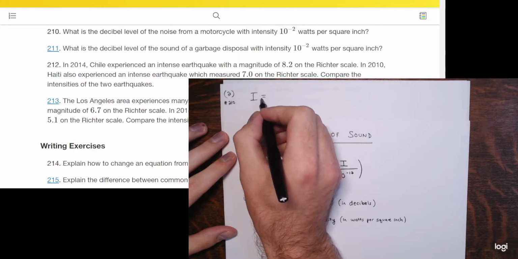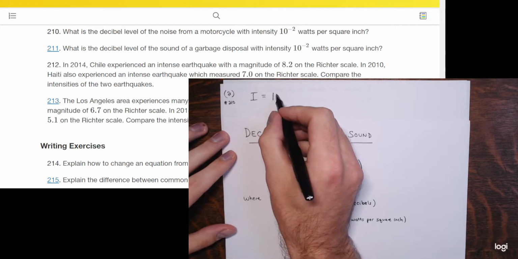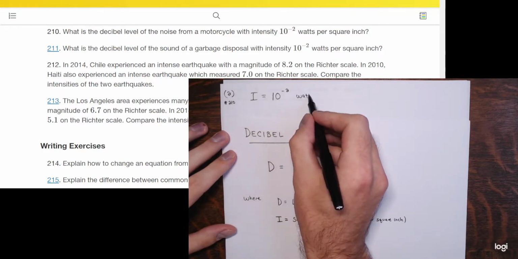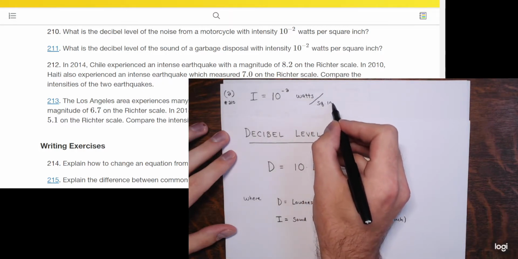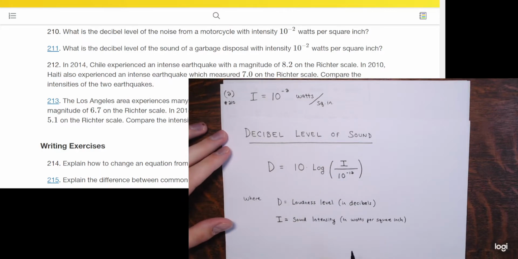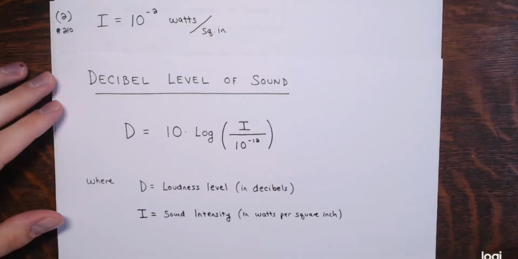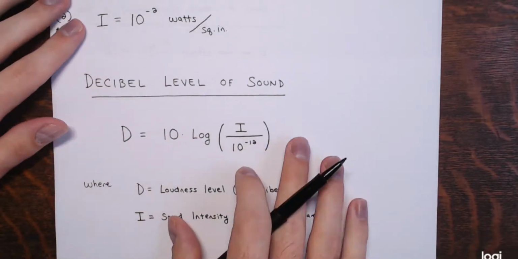We're given I. They said this motorcycle noise has an intensity of 10 to the negative 2 watts per square inch. Now we're just plugging this in for I and finding D, right?